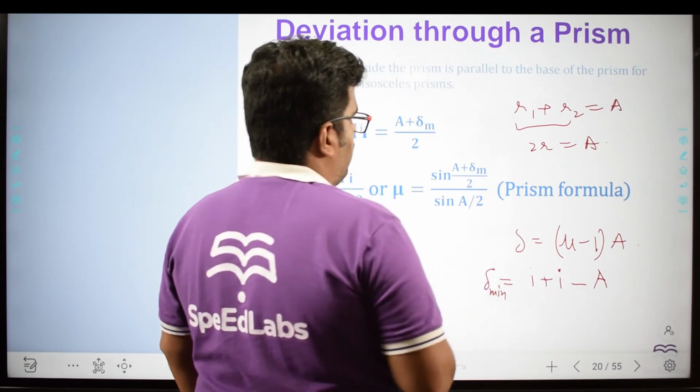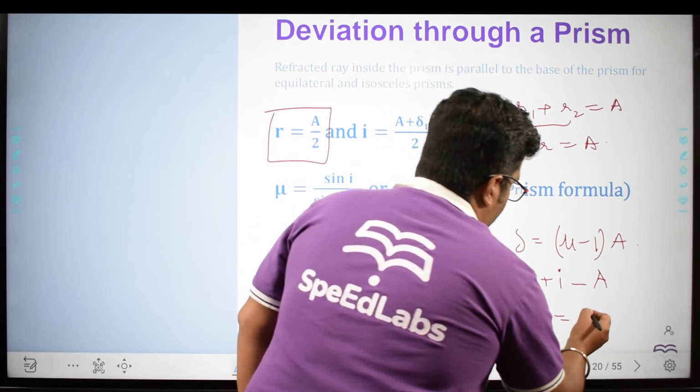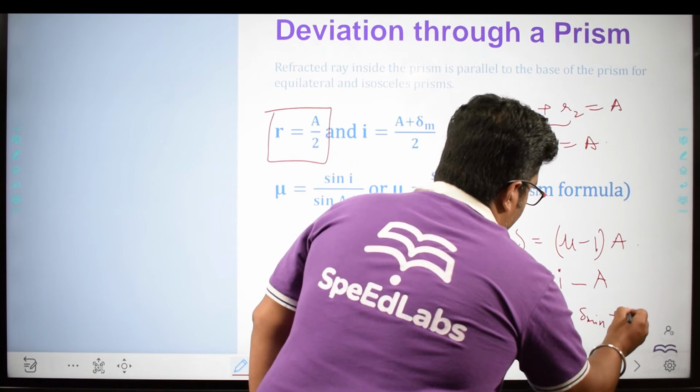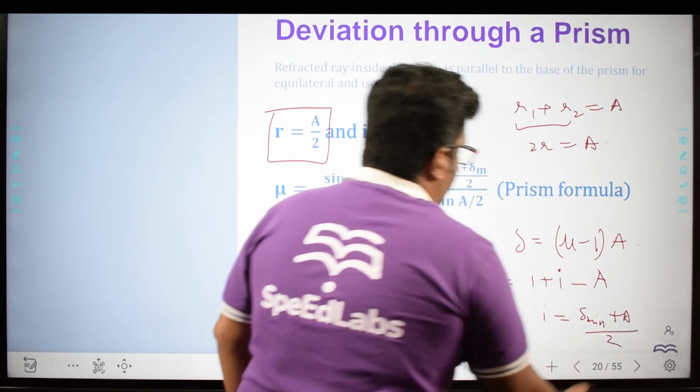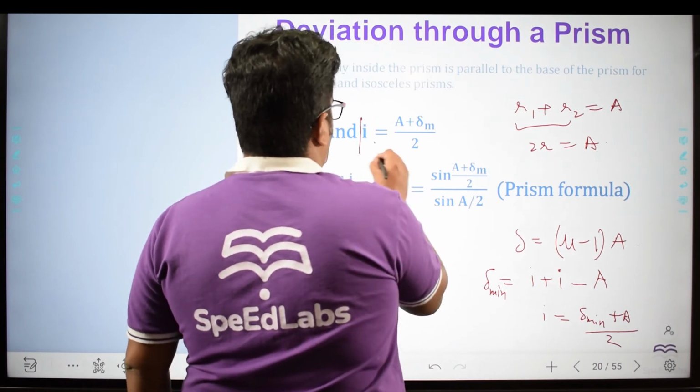So from here we get the value of I as (delta min, the minimum deviation, plus A) divided by 2. Now that's your I, and from here you have R, which equals A by 2.